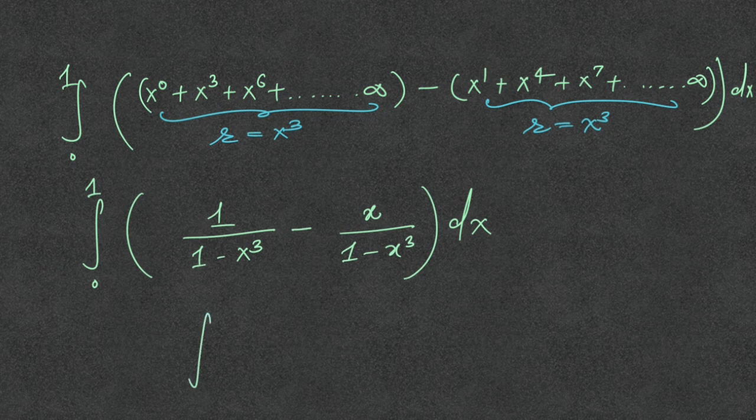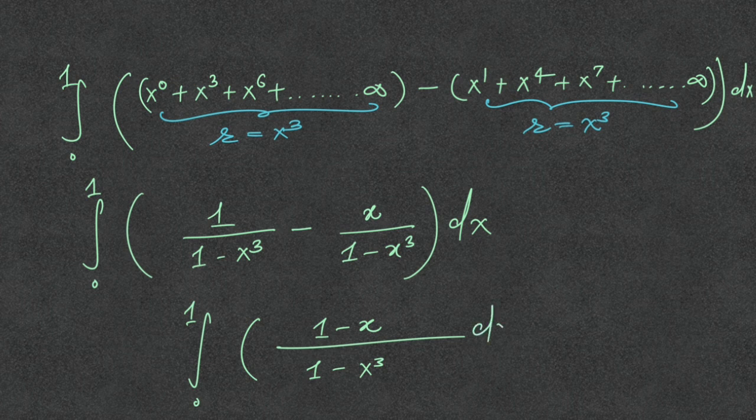On further solving, we get integral 0 to 1 of 1 minus x whole divided by 1 minus x cube with respect to x.